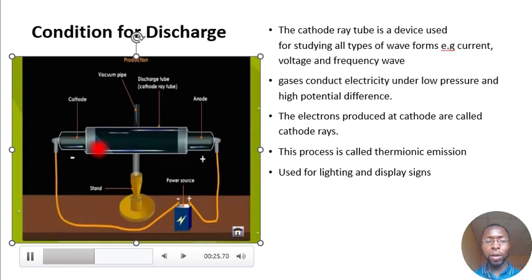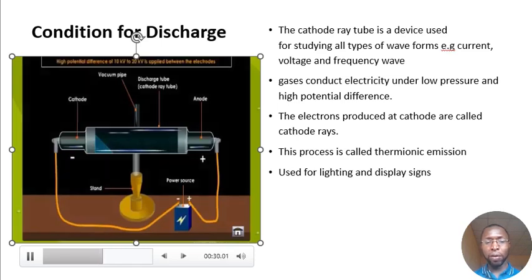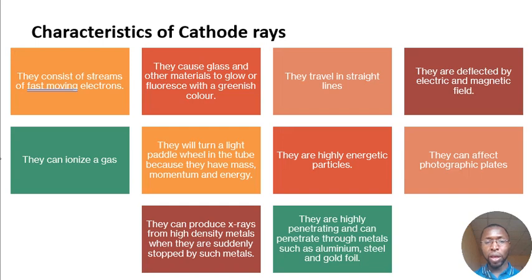Now let's talk about some of the characteristics of this cathode ray, which is electrons. First of all, cathode rays are streams of fast moving electrons, like we saw in that cathode ray tube.